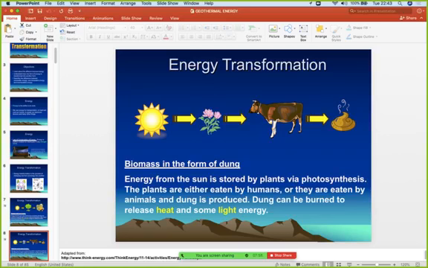The plants are eaten by animals and dung is produced, which is the waste matter from the animal. Dung can be burned to release heat and light energy. So this is also a form of biomass, and we can use it as a fuel.